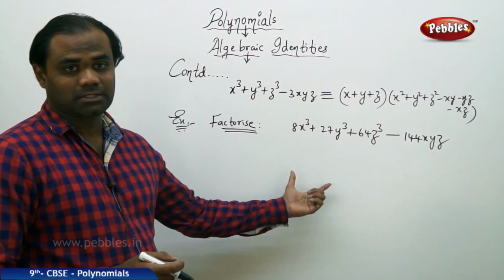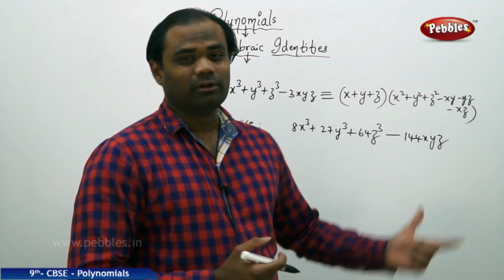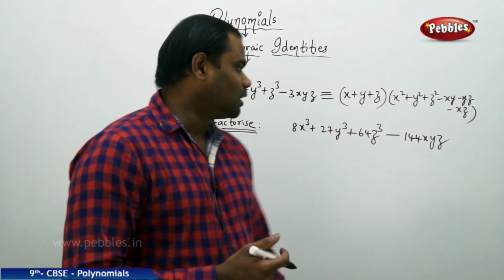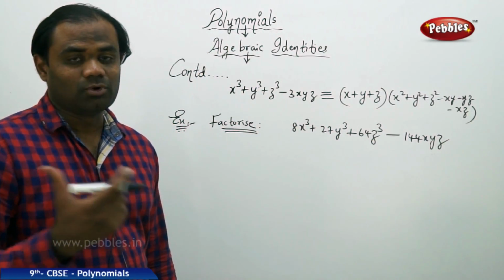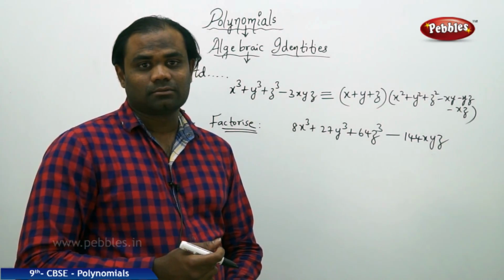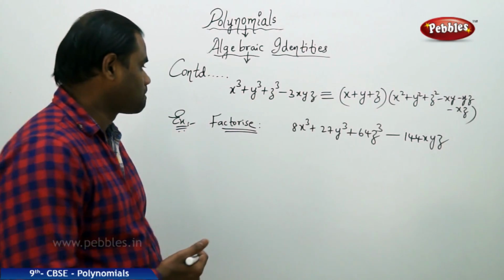I would like to factorize this given polynomial in three variables x, y and z. So let's see how we can factorize this polynomial using the concept of the algebraic identities.